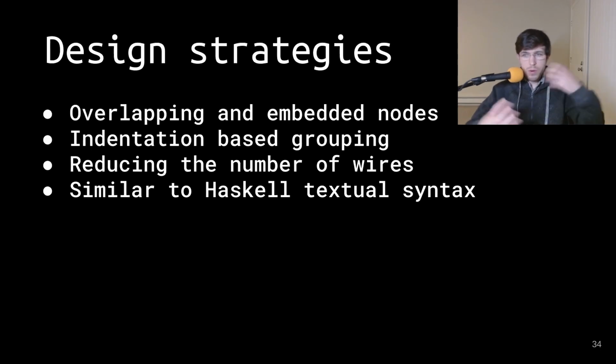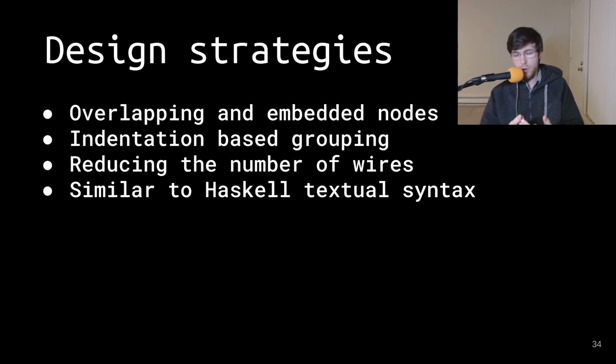So there are a few general strategies. One is to make the syntax more compact, is to overlap nodes and embed nodes in each other. Another, to eliminate lines and crossings, is to use indentation-based grouping, which means you don't need as much visual stuff to show the relationships between things, since that can instead be represented using indentation.